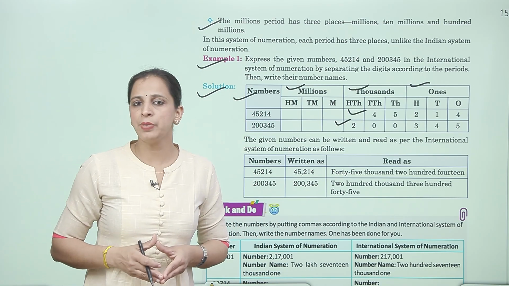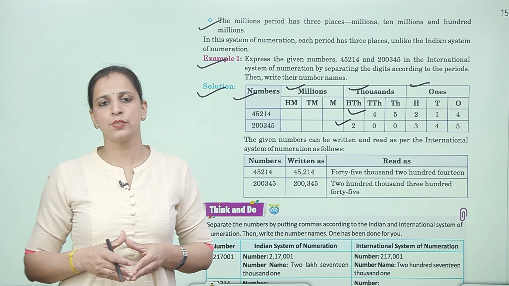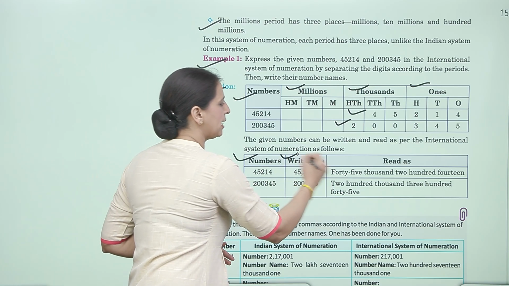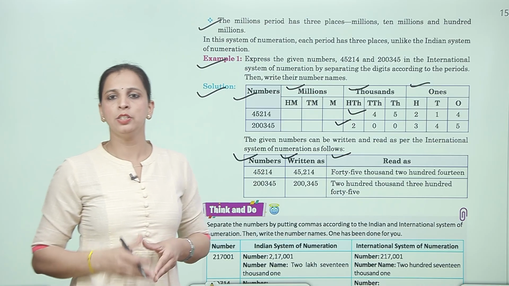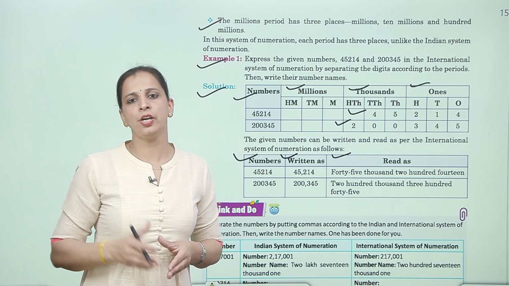The given numbers can be written and read as per the international system of numeration as follows. Now, numbers written as and read as 45,214 and 200,345.